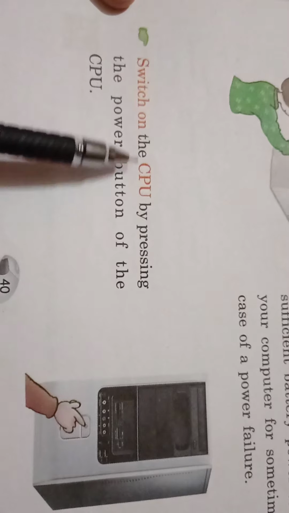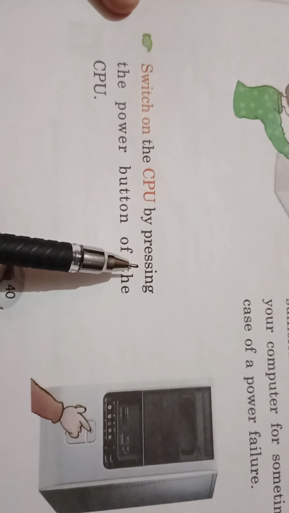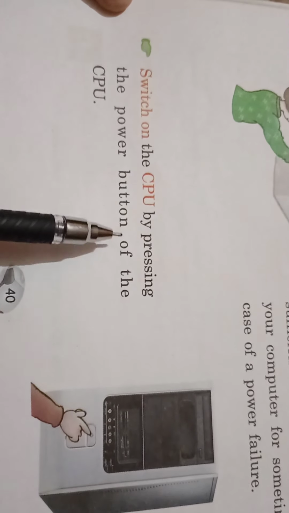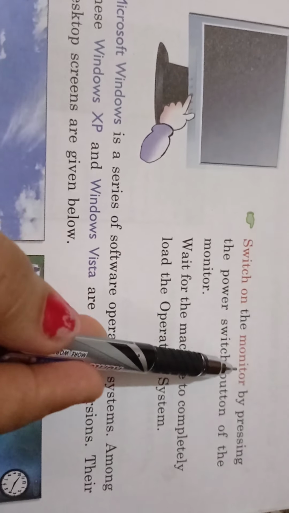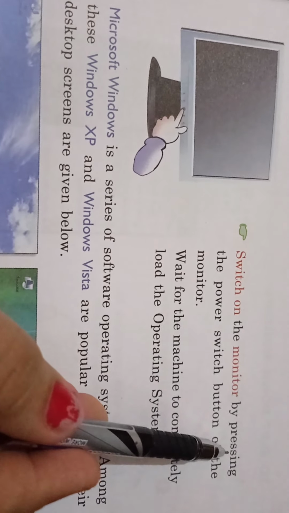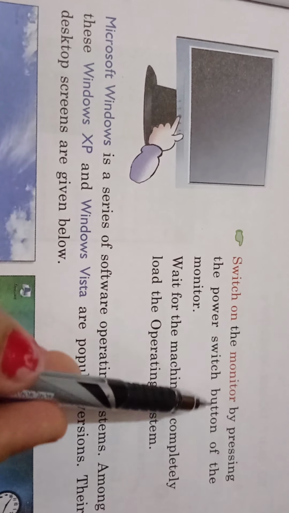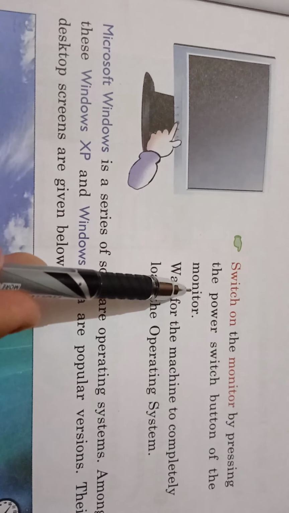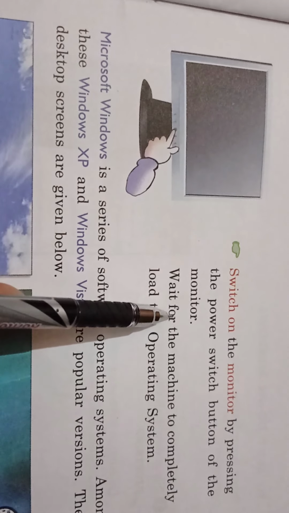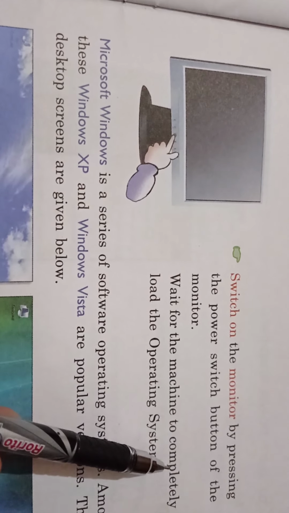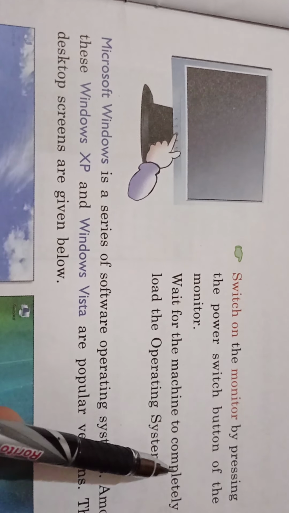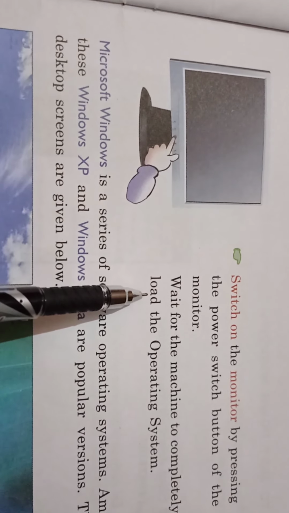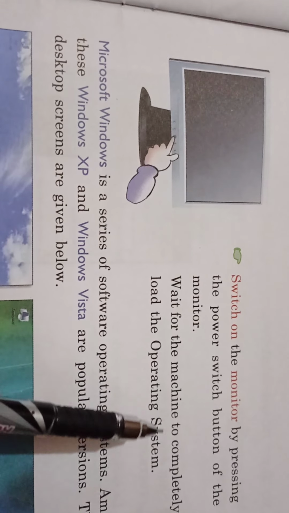Switch on the CPU by pressing the power button of the CPU. Switch on the monitor by pressing the power switch button of the monitor. Wait for the machine to completely load the operating system.